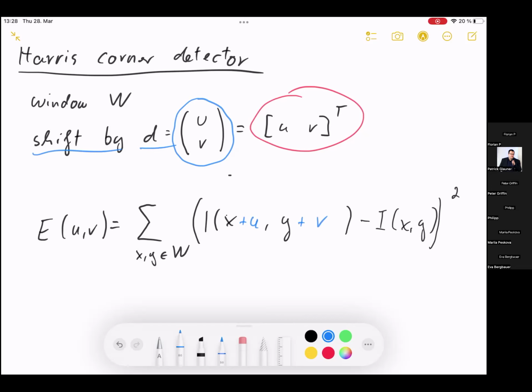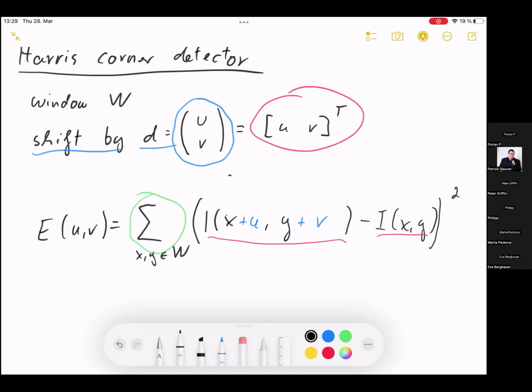And when I shift this window a little bit, where u and v are small, the intensity here will somehow change compared to if the window wasn't changed. And I have this sum here because I'm doing this for all the pixels in the window. And this will give me a difference.